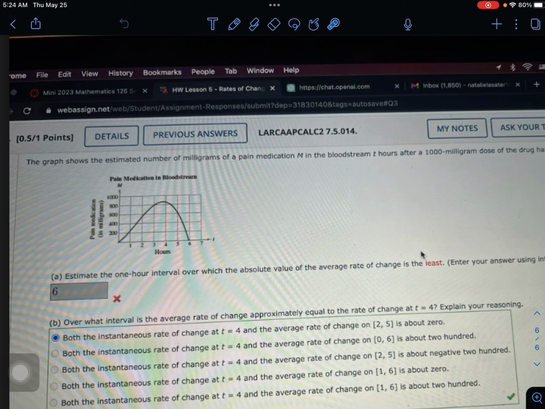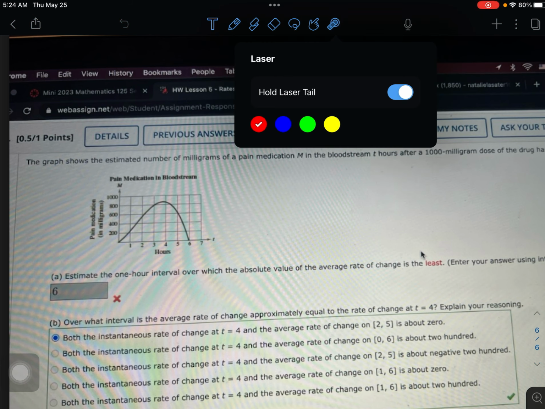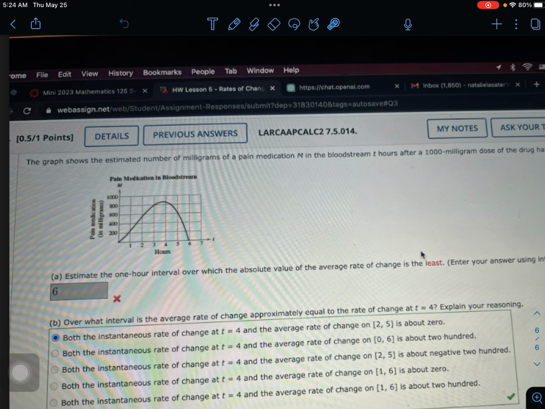So the average rate of change, remember from the last video, average rate of change is the slope. And what I mean by that, let's look at between 1 and 2 hours. If I were to draw a line between those 2 points, let's start at 1, go up, it's this point right here.